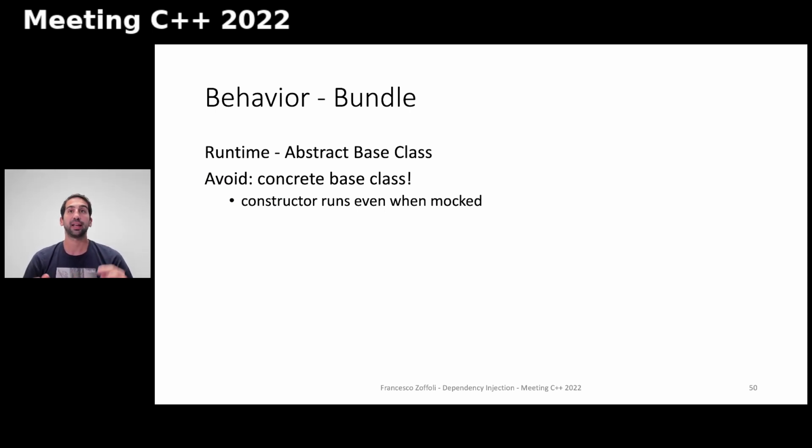The reason is that any data member that you put into the base class and any constructor is going to run anytime a derived class is instantiated. So if you put logic or data inside your base class, even when you instantiate a mock in a test, this data and this logic is going to run. It makes testing very complicated, especially if there's any kind of side effect happening in those situations. So just stick to having an abstract base class and derive from that.